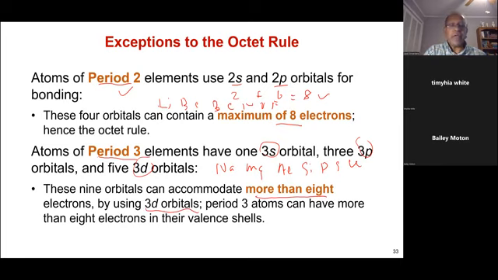So it is an exception. Lewis didn't know about this at that time. This is because electronic structure tells us that third periods and higher periods can have more than 8 electrons in the shell.